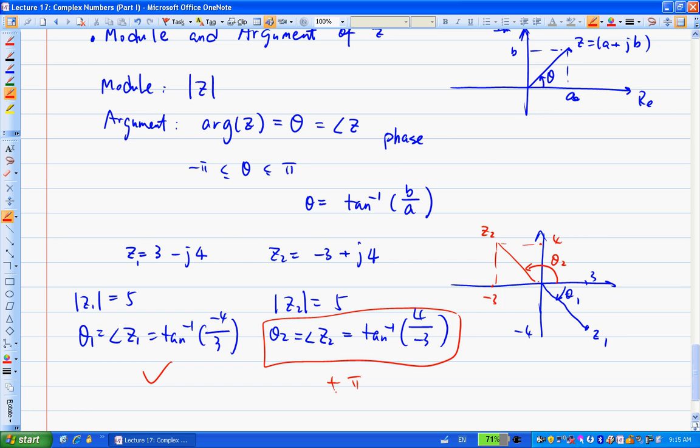So how should I know when to just keep the calculator result, or when it's a plus 180? You look at the quadrant where it is. Draw it out and look at the actual location of the complex number, and then you will know whether it's a positive angle or negative angle.